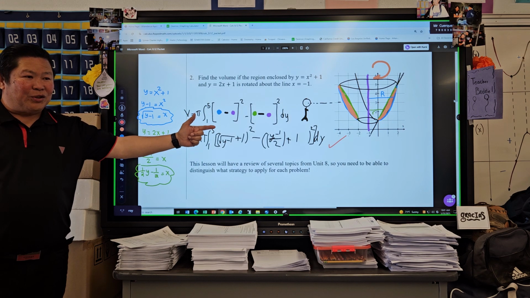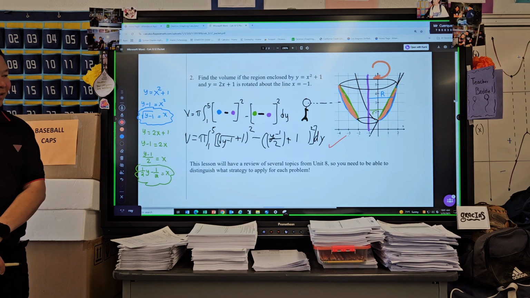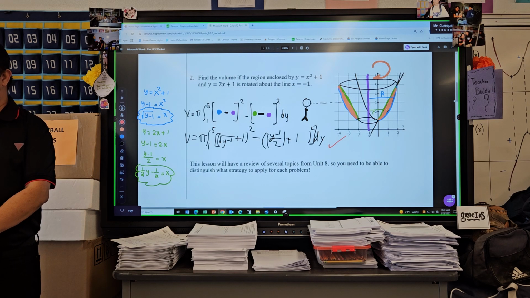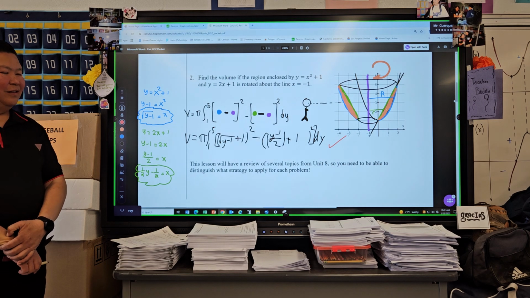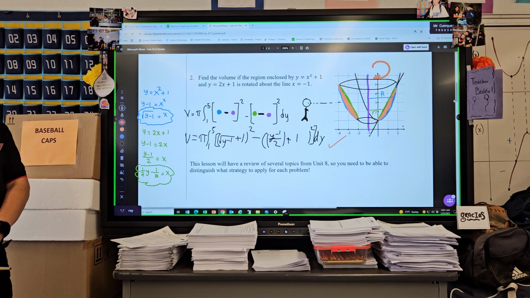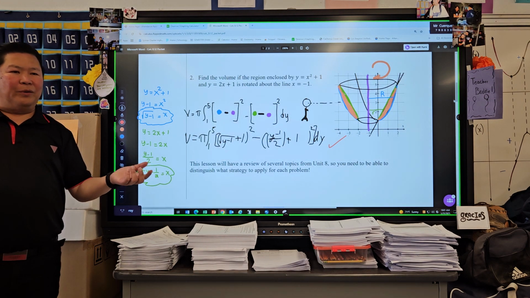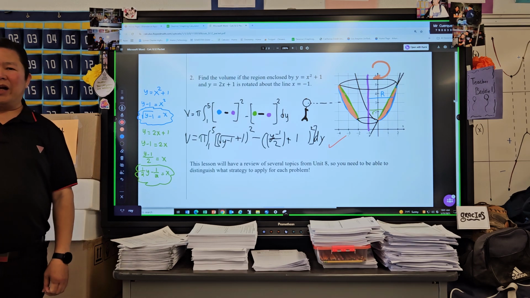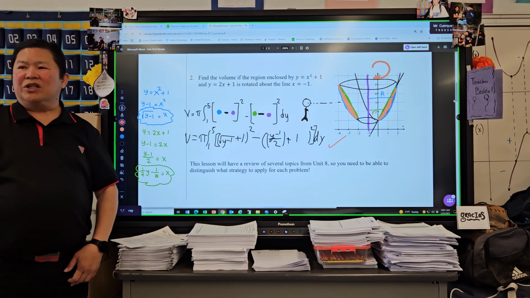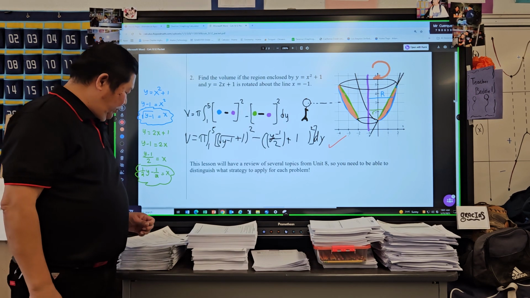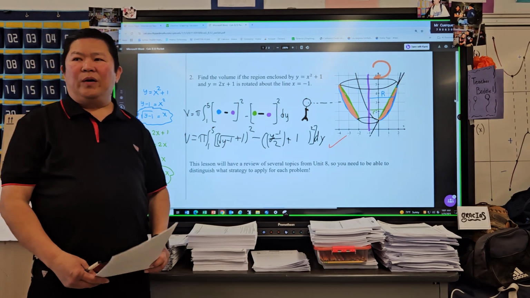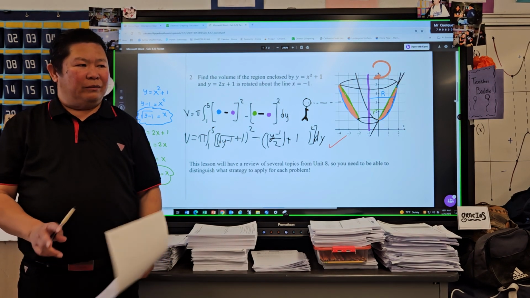Color coding helps you a lot to understand. Okay. So you can now work by yourself or with your pair for the practice. If you have questions, just let me know. So this is now an independent or pair share.